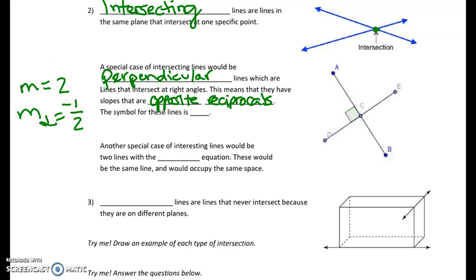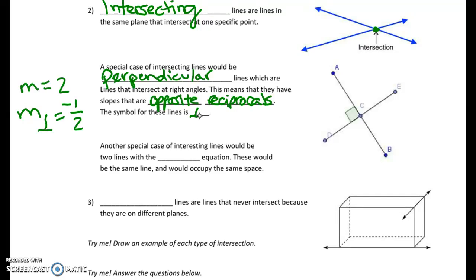So we flip it and change the sign to make it the opposite reciprocal. The symbol we use for perpendicular is an upside down T, and it's a very good visual representation of these two things intersecting at right angles.